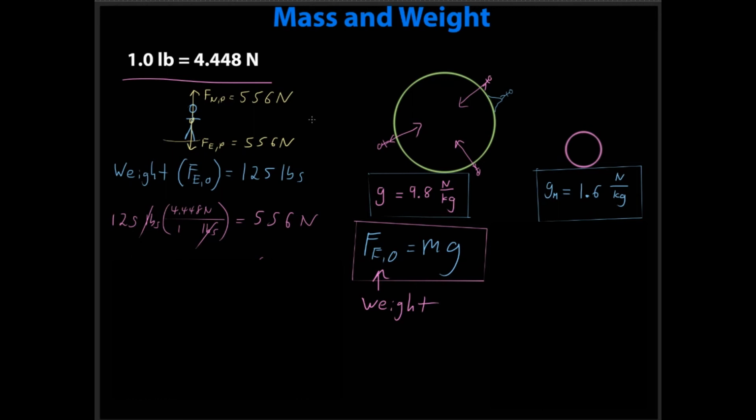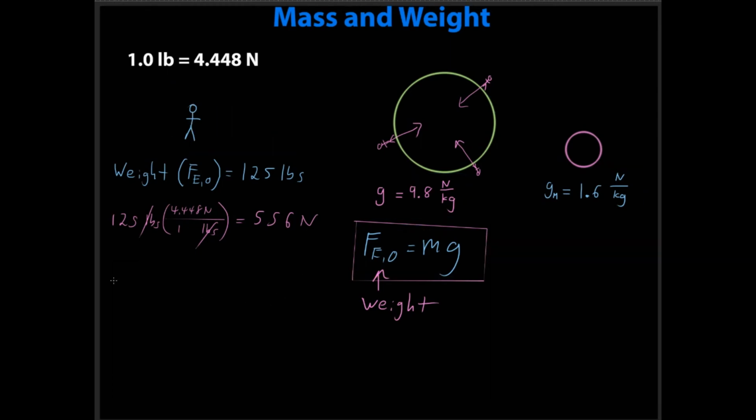When you are creating a force diagram, as long as the problem is on Earth, the first force you are probably going to find is force Earth, especially if you're given the mass, because literally all you have to do is this.